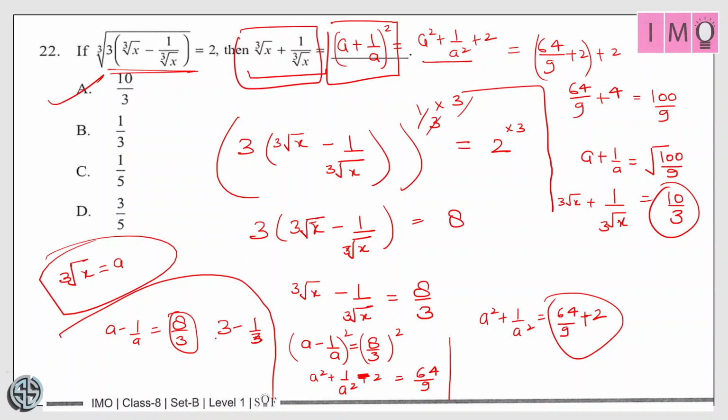Okay, 3 minus 1 upon 3: 3 threes are 9, minus 1, 8 upon 3. So now you can see the value of a will definitely be equal to 3. From there you can directly get to know the value of a will be 3 on comparison of LHS and RHS. So once you have got a as 3, this will become 3 plus 1 upon 3, which is 10 upon 3 as the answer. This is the short trick, right? How you can just go directly to the answer.